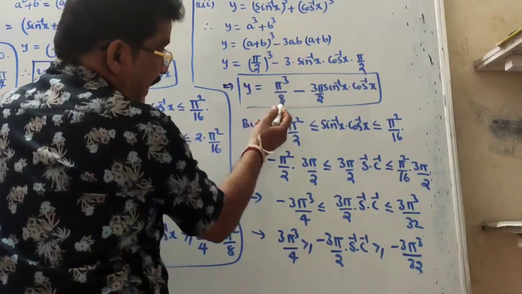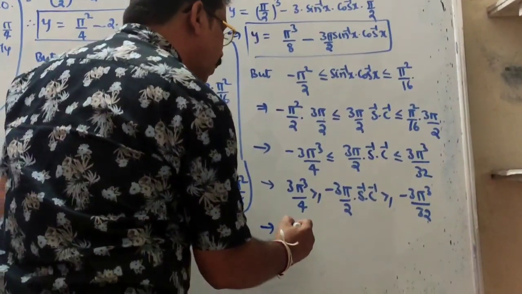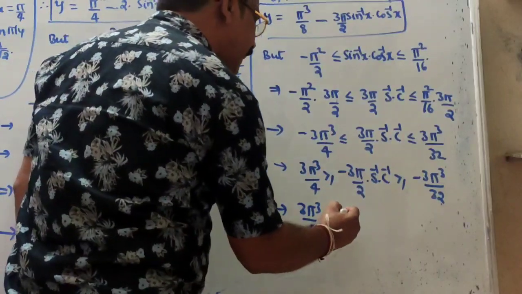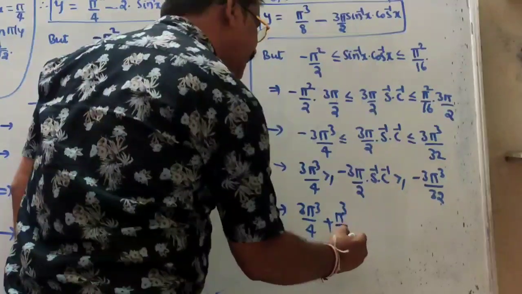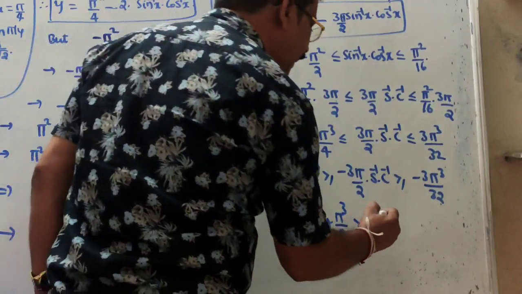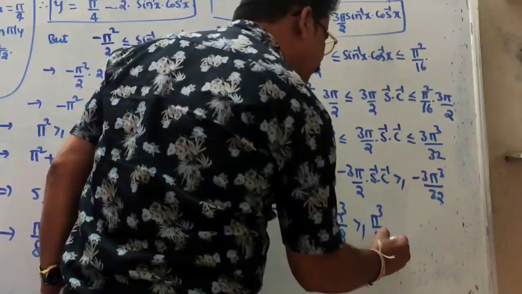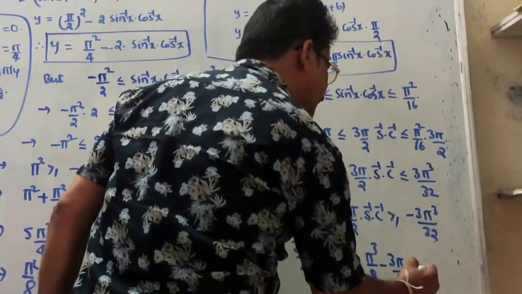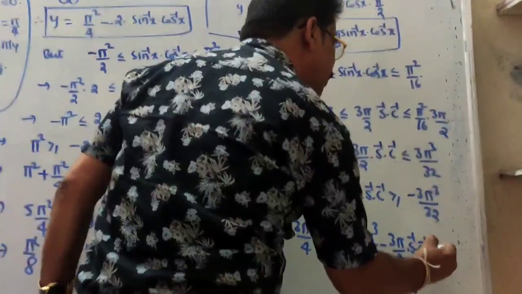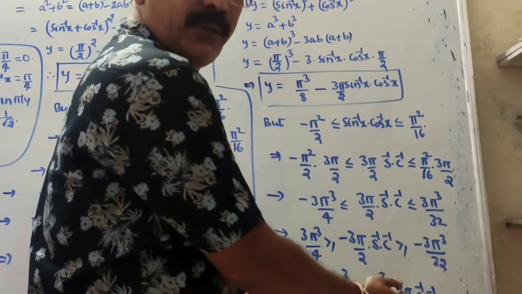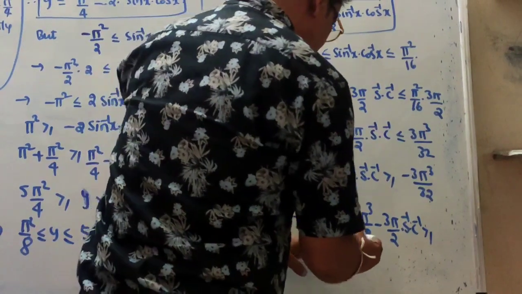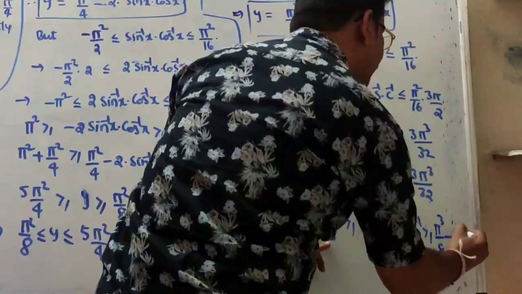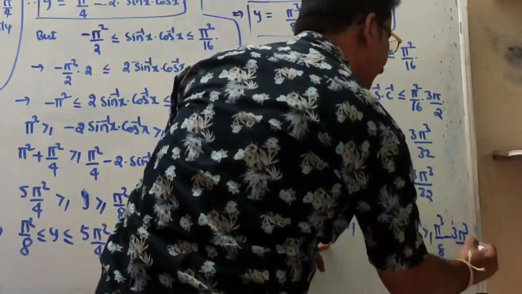Next, plus pi cubed by 8. So 3 pi cubed by 4 plus pi cubed by 8 is greater than or equal to pi cubed by 8 minus 3 pi by 2 into sin inverse x into cos inverse x, greater than or equal to pi cubed by 8 minus 3 pi cubed by 32.